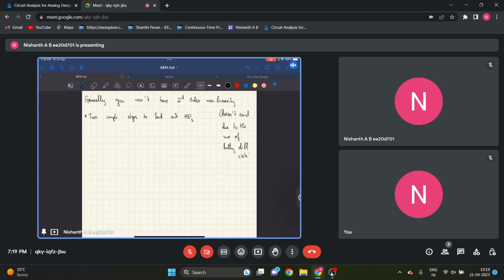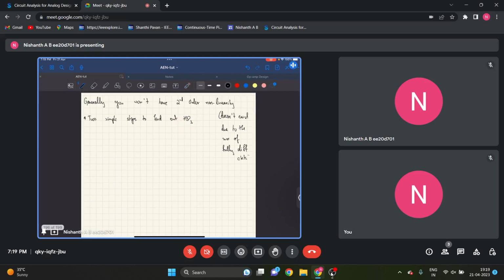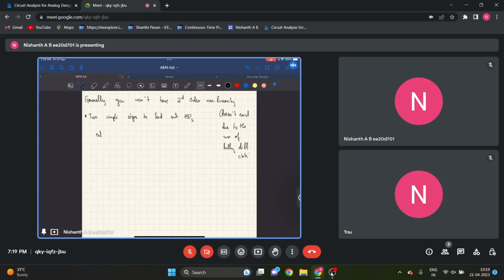So in practice we mostly only find HD3, okay. We want the output of a linear equation, the solution to the linear equation, and then find HD3. Okay, these are the two agendas that we should hold whenever we solve nonlinear circuits.